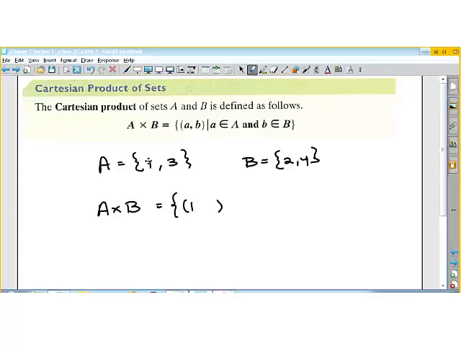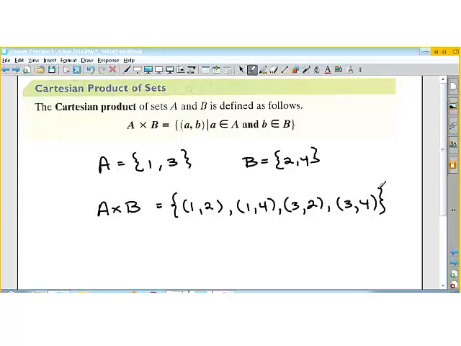So what you do is you take your first number in A and you create 2 ordered pairs with the second number being the 2 choices from the second set. Then you take the next number. Once you've done that, in this case we have 2 options, we change the first number in the ordered pair to be the second element in set A, and then we do the 2 numbers in the second set.